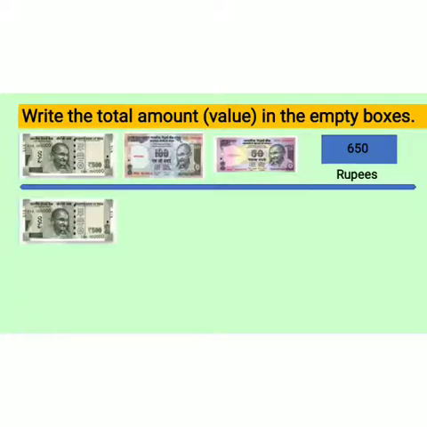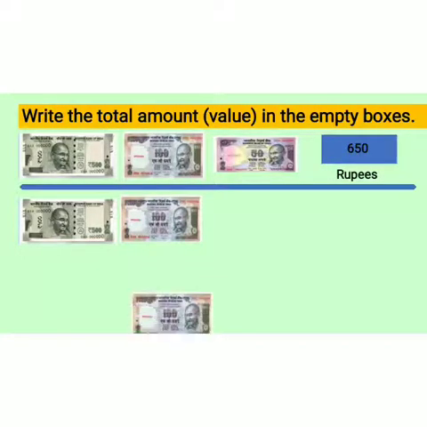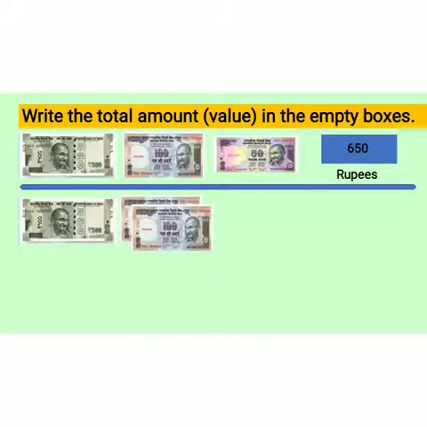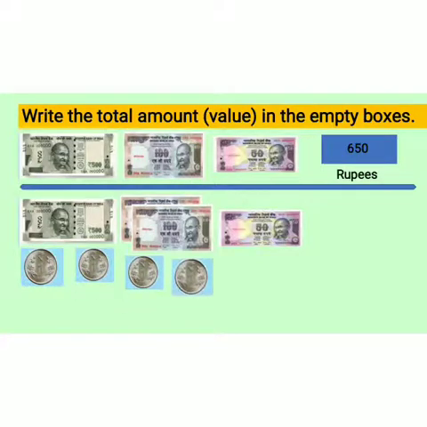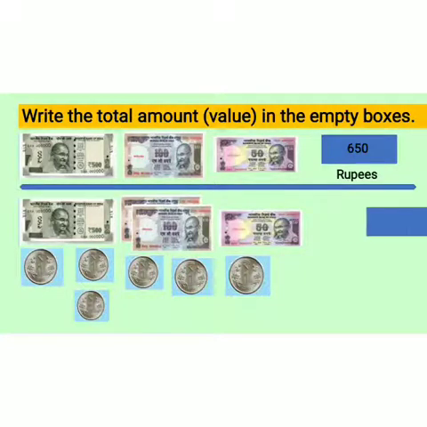Some more examples. 500 rupees note, 100 rupees note, one more 100 rupees note, 50 rupees note, and we have some coins over here. Now children, we have to count all these given notes and coins and write the total amount in the given empty box in rupees.